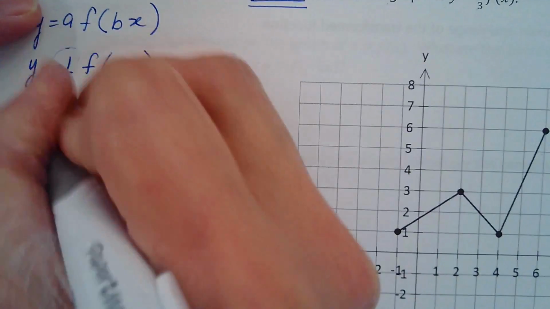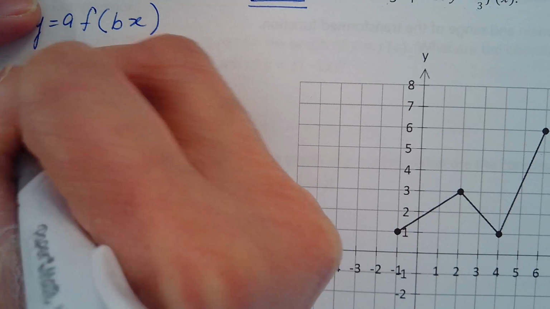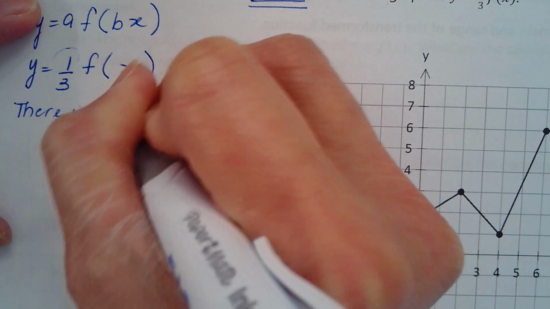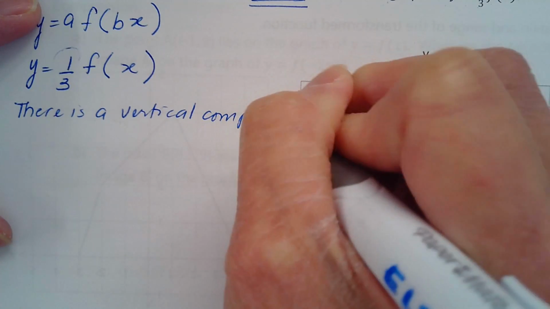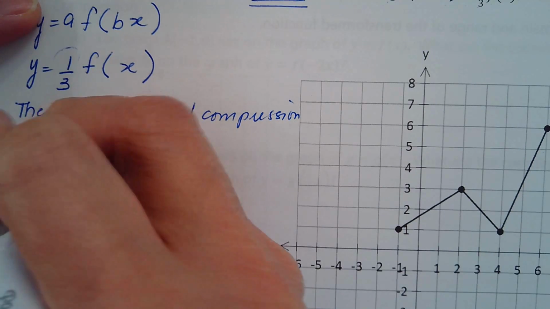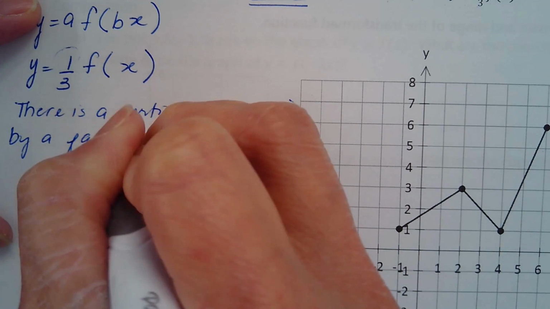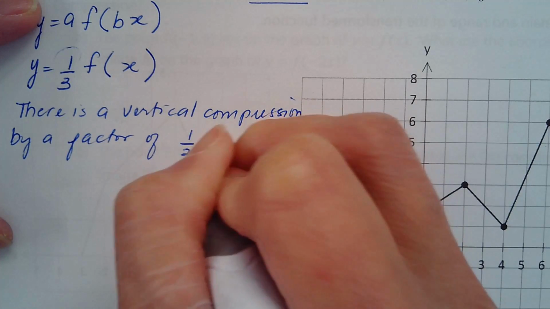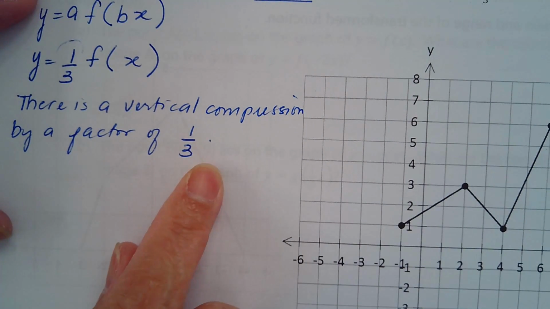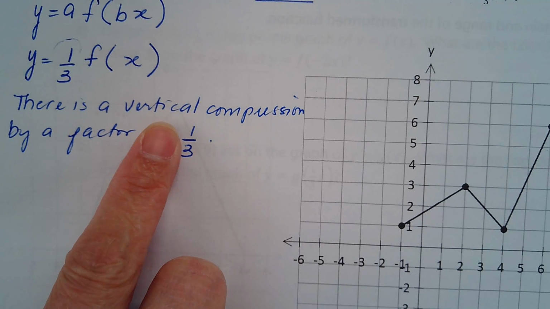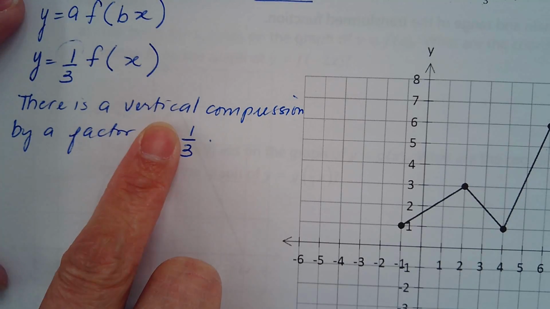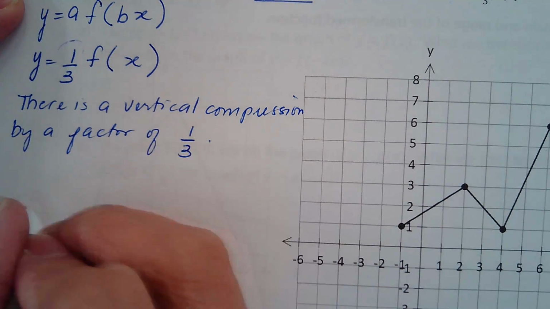So let's write down the words. There is a vertical compression by a factor of 1/3. Factor of 1/3 means we're going to multiply by 1/3 each time, on the vertical, which is the y's. So let's do the mapping.